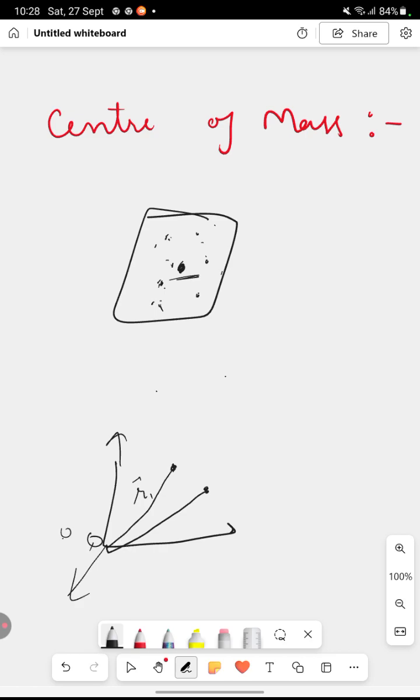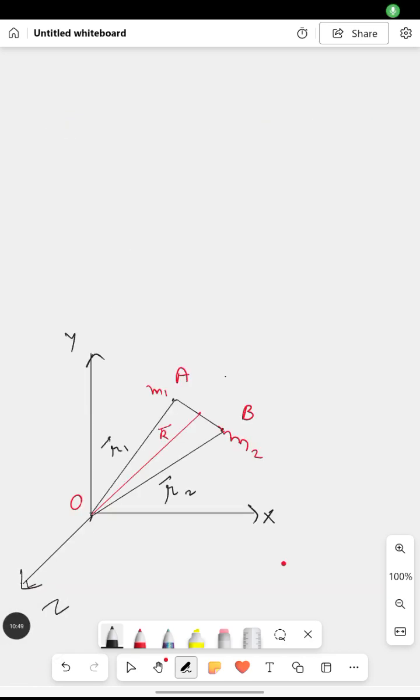So now we have two particles, m1 and m2. m1 is at point A, at a distance r1 from the origin, and m2 is at point B, at a distance r2 from the origin. Now the center of mass of the two body system can be found.